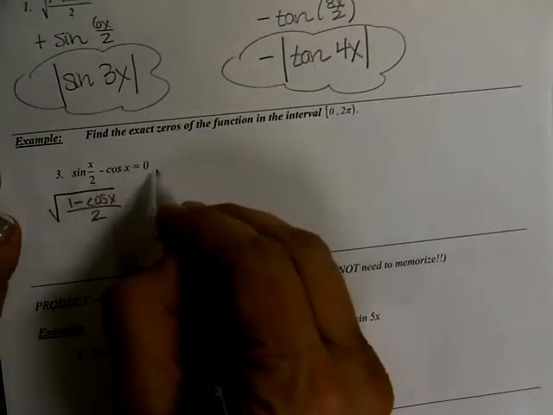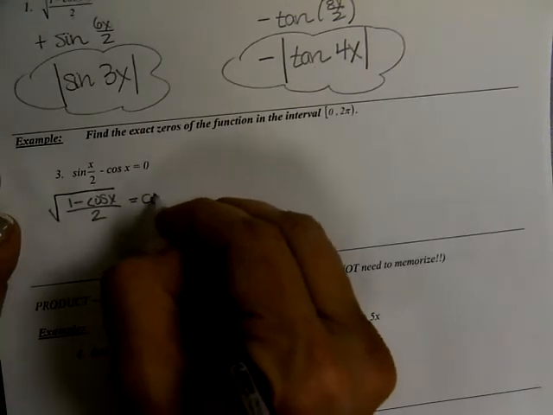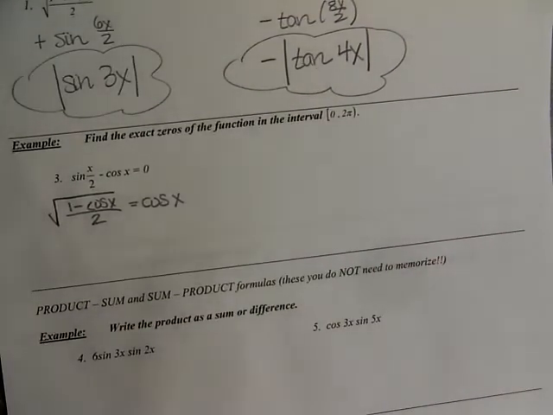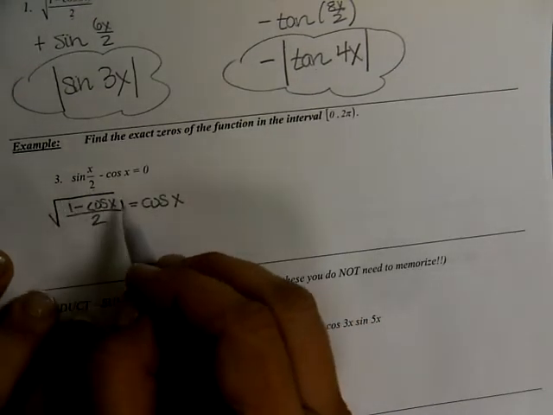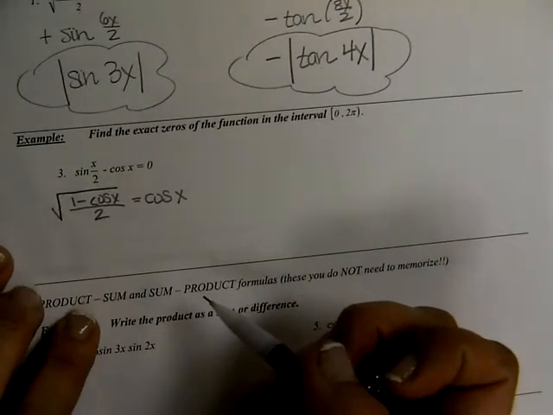And what I can maybe also do at the same time is move that cosine x to the other side, so that I can do something to simplify this, because again, we have this square root. If we could get rid of that, that would be ideal.